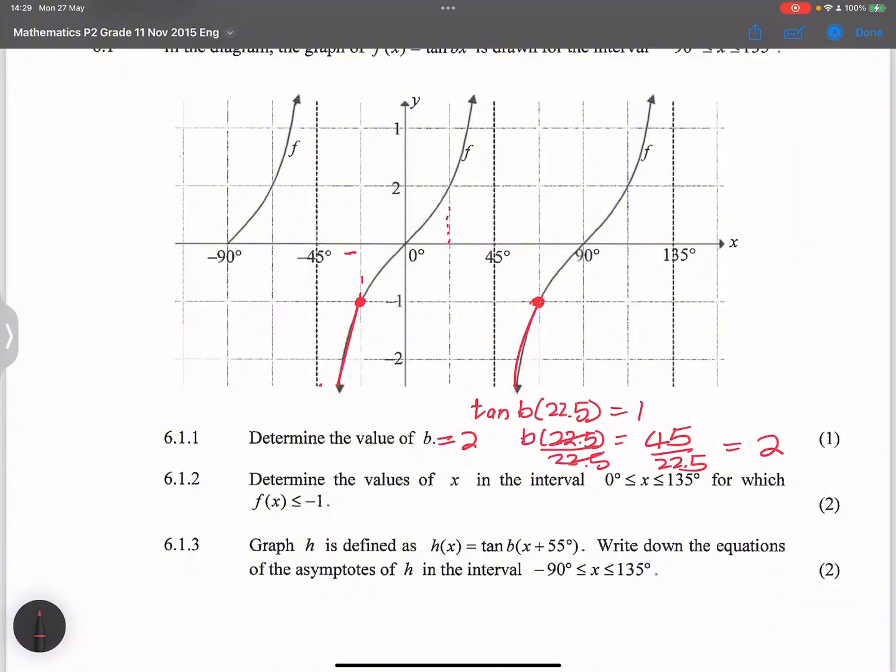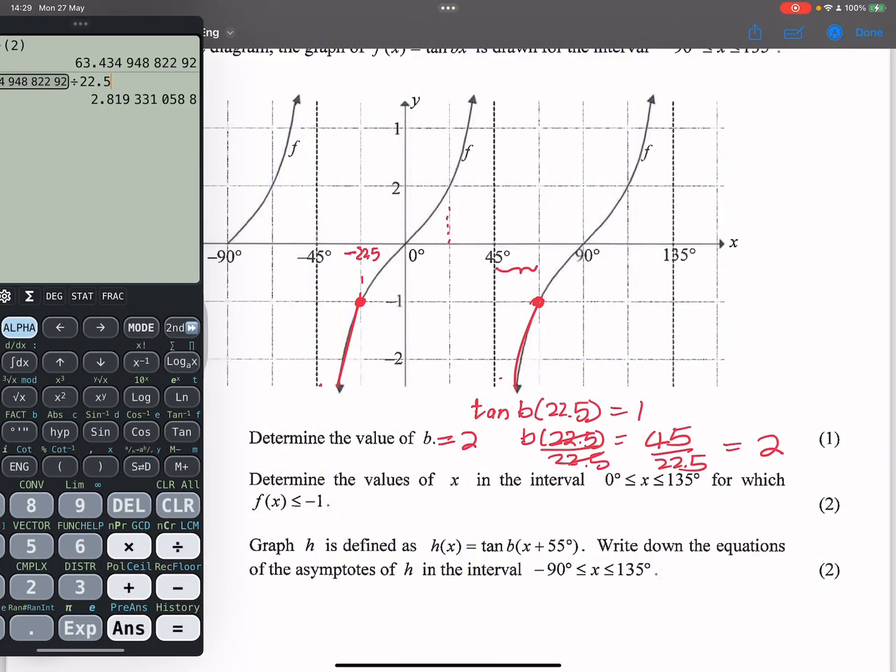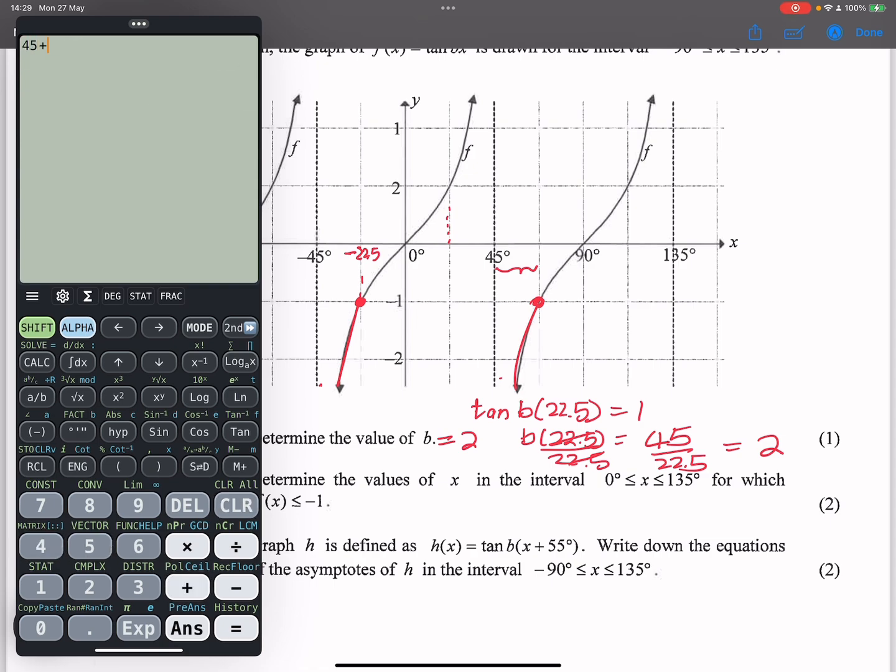That's -22.5. And again, between 45. Now, what would be 45 plus 22.5? Let's see that. 22.5, that's 67.5, right?